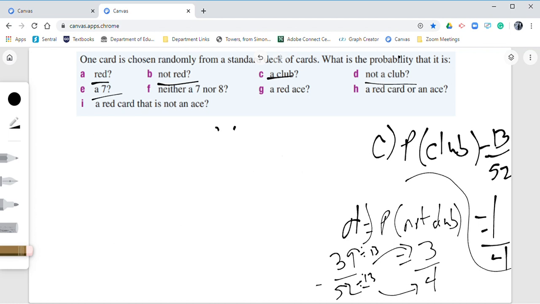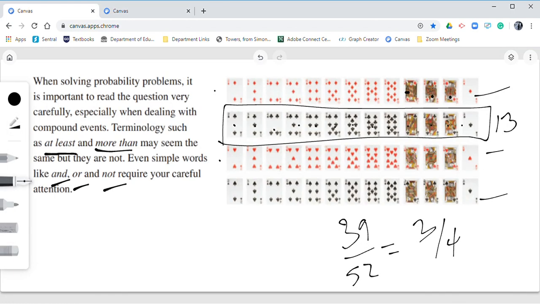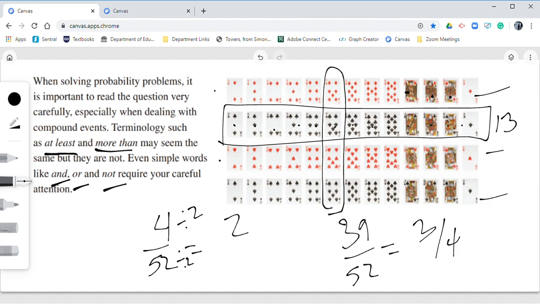So let's get to E. So a 7. So let's go back. My 7s are all right here. So out of my total deck, that would be 4 out of 52. I know both those are even numbers, so I can simplify that down by dividing each by 2. 4 divided by 2 is 2. 52 divided by 2 is 26.